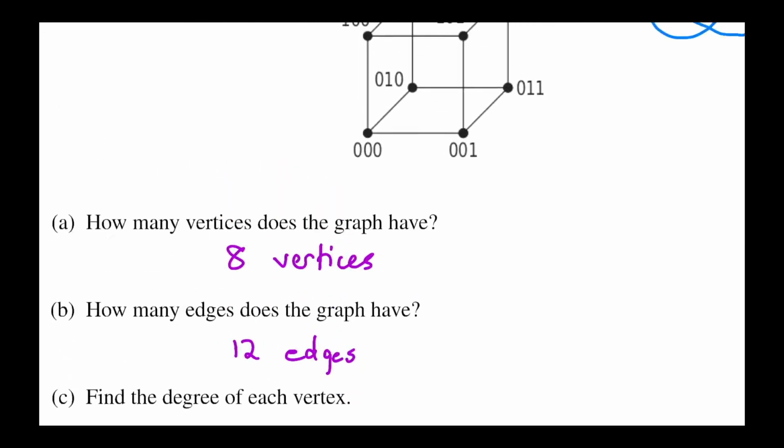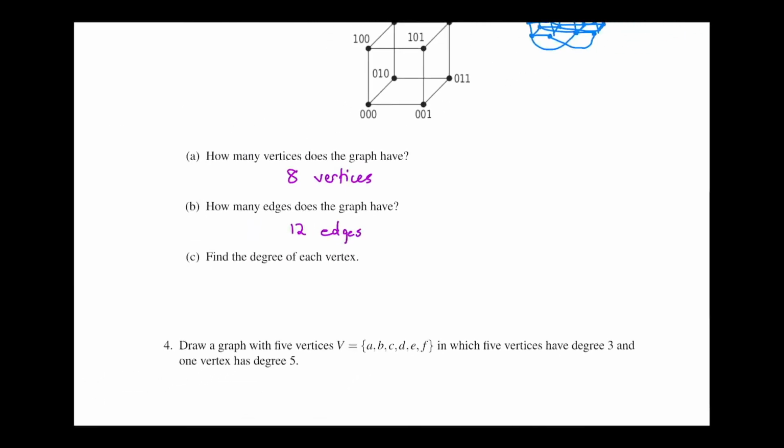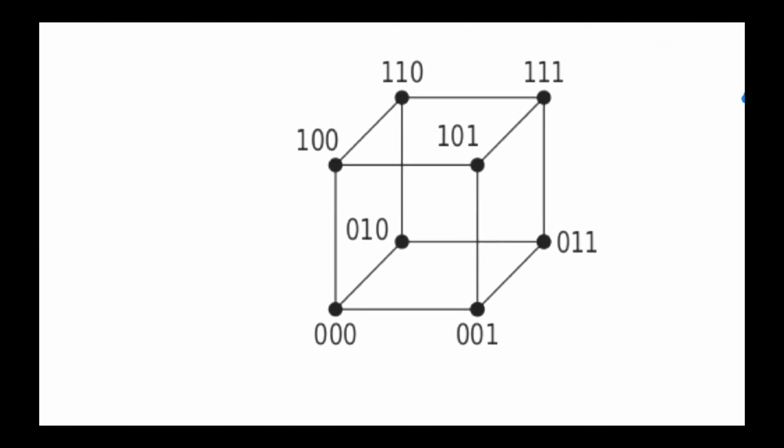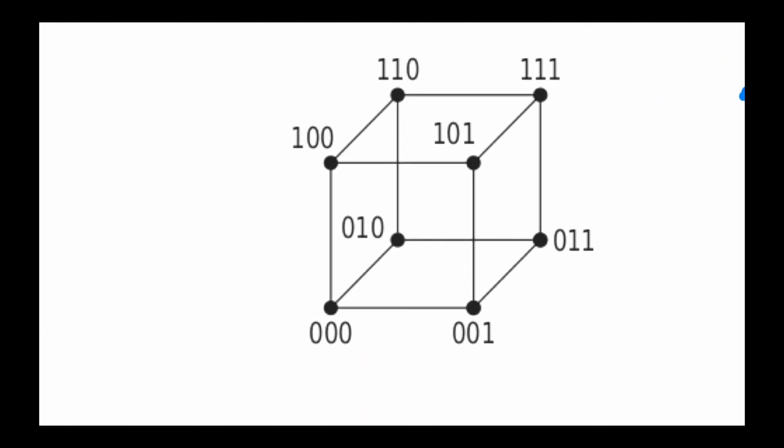The degree of each vertex, they're actually all the same, but the way you do it is you've got a vertex, and you just count how many edges are coming out of that vertex. So 1, 2, 3. That means that vertex has degree 3. And you do that for every one.